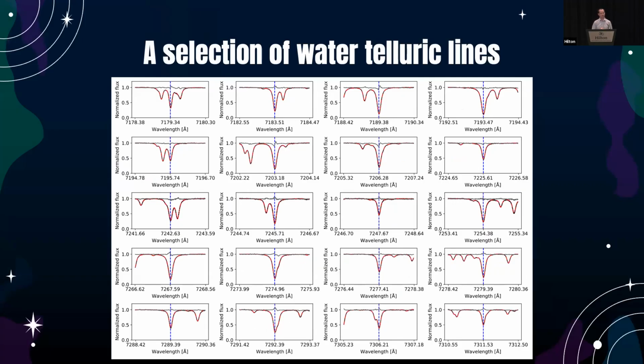Here I'm showing you a selection of the strongest water telluric lines in the spectral range of ESPRESSO. You can see that the residuals are always close to the continuum level. It is on these selected lines that you can perform a CCF of telluric lines to optimize the parameters of the model to better adjust the telluric correction.